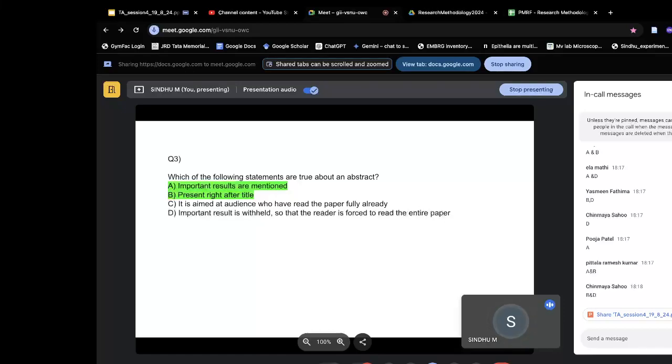Yeah, the title along with the authors will be mentioned, because that will also be on top with the title itself, and the abstract will come below that. Yes, I understand. But when we say right after the title, is that right?